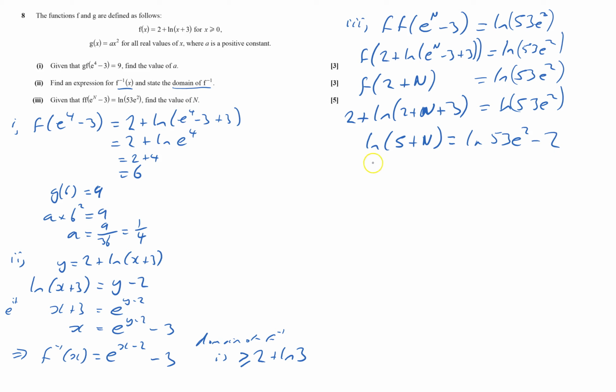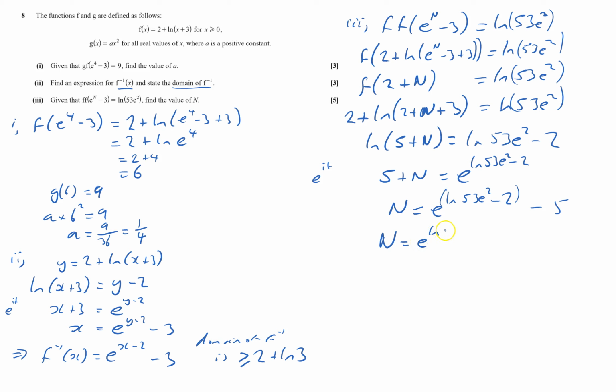I'm going to have to get rid of this ln, so I'm going to e it, and that'll give me 5 plus n equals e to the ln of 53e squared minus 2, and then n equals e to the ln of 53e squared minus 2, take away 5.